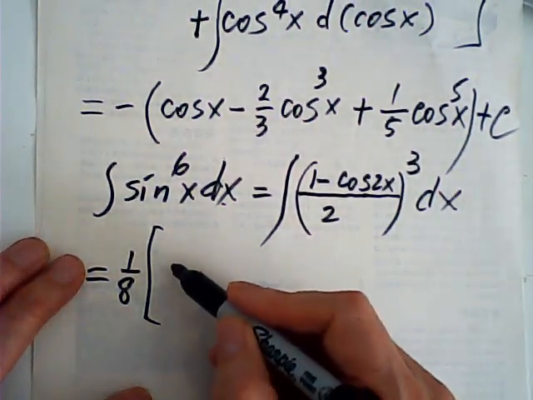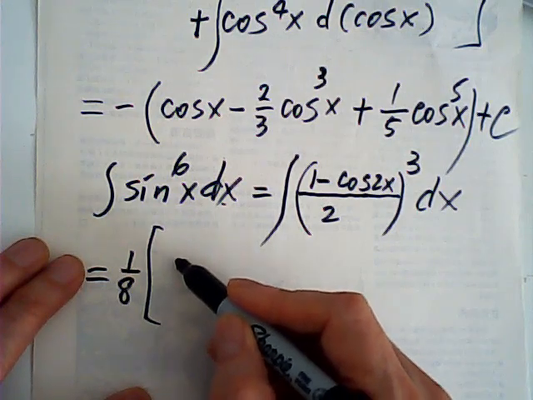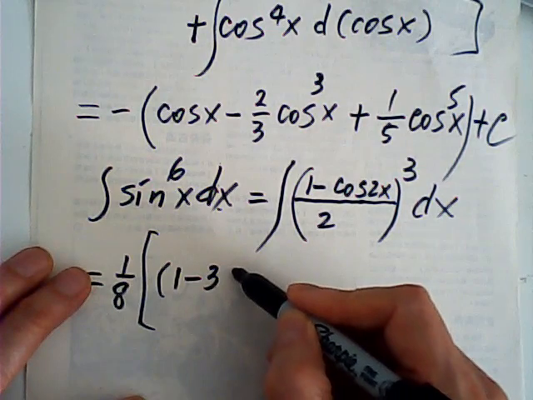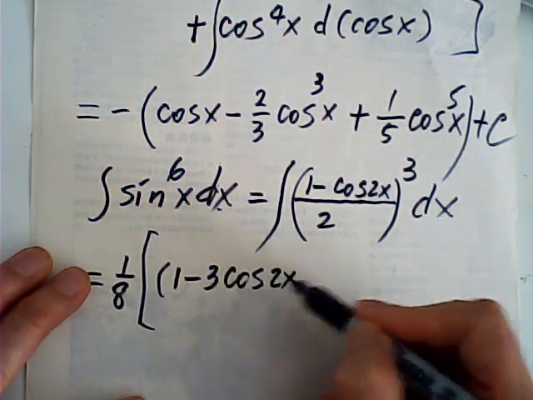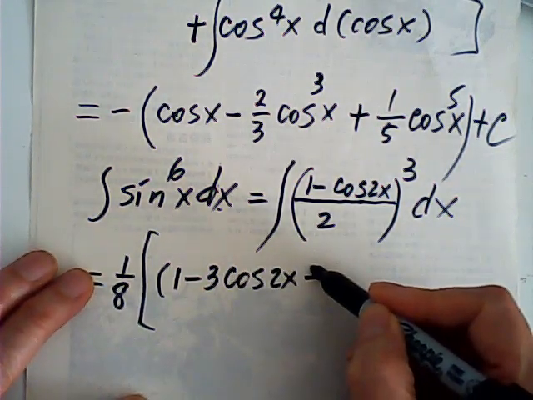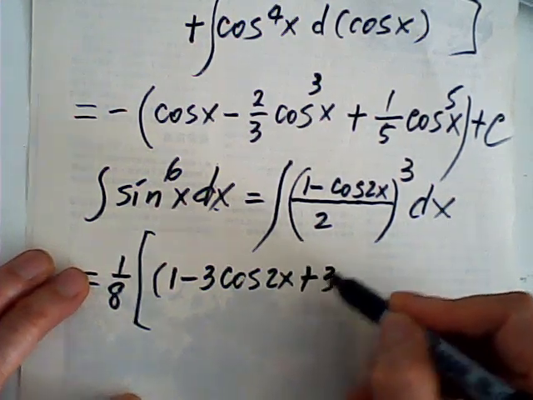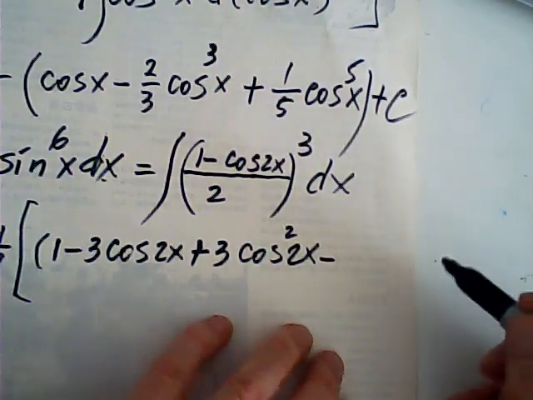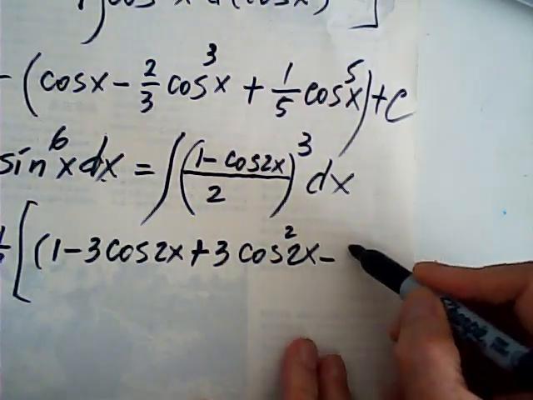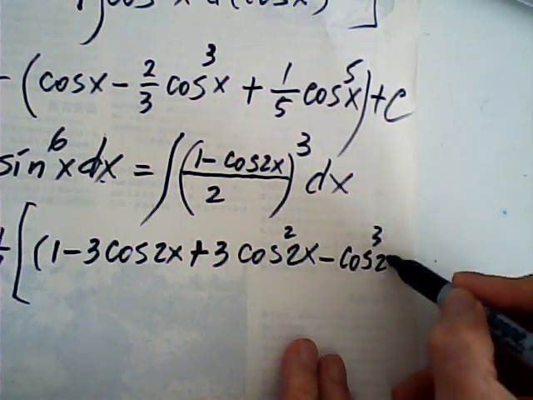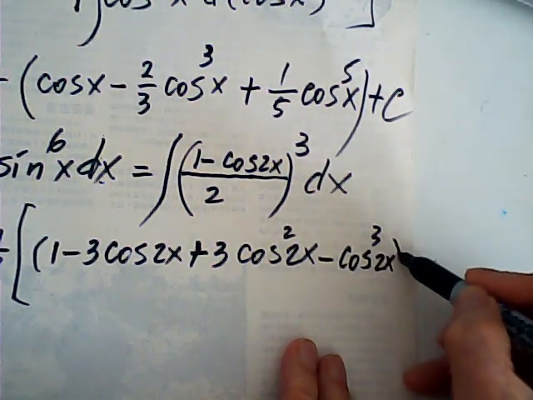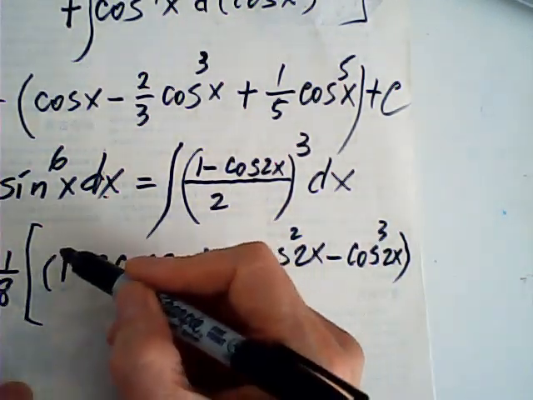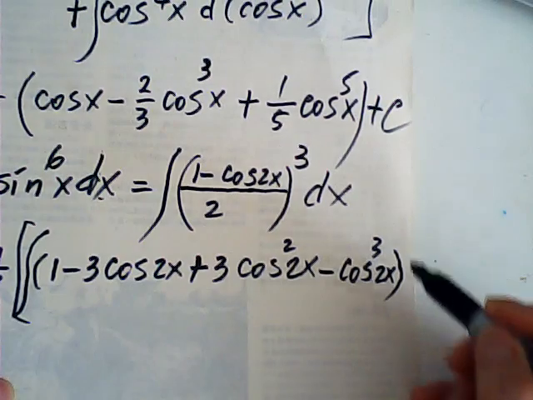This is 1 minus 3 cos 2x, plus 3 cos square 2x, minus cos cube 2x, integral dx.